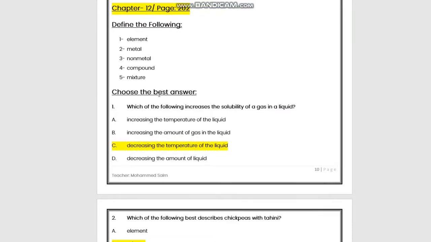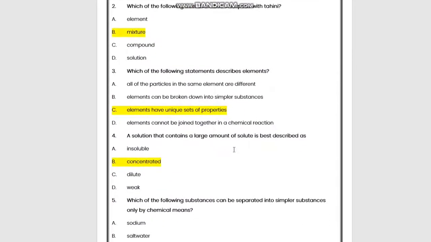Choose the best answer. Which of the following increases the solubility of a gas in a liquid? Decreasing the temperature of the liquid. Okay. Which of the following best describes a chickpeas with tahini mixture? Which of the following statements describes an element? Elements have unique sets of properties.